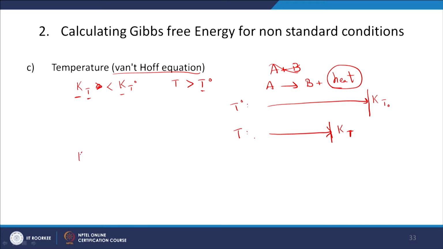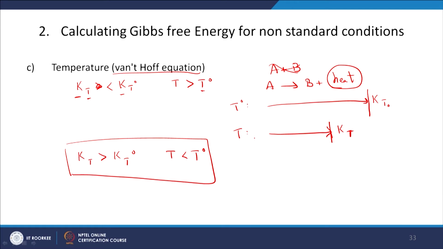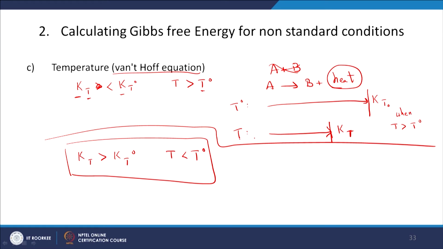But obviously the corollary is when T is less than T naught, what will that mean? KT will be greater than KT naught. So what is going to happen here again? Let us look at this particular reaction: A goes to B plus heat. Now let us say you are in dearth of your products, the temperature is lesser.